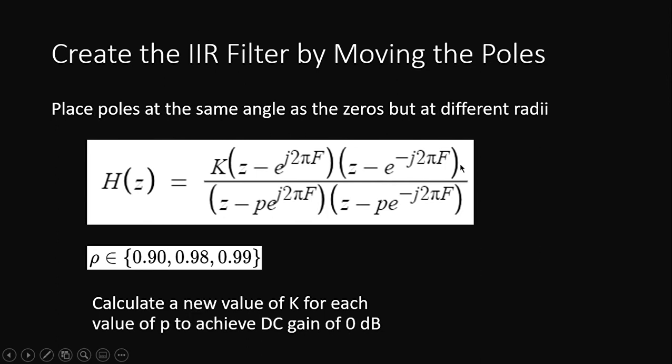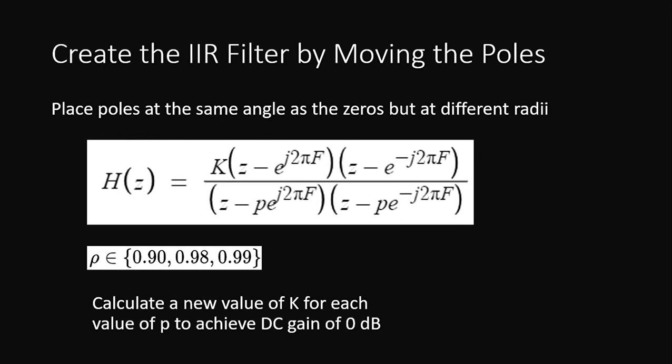So what we can do to try to improve this is move our poles to different locations. That changes the response of our filter. If we move the poles off of the origin, that immediately makes it an IIR filter, because the requirement for FIR filters is that poles are at the origin, z equals 0.